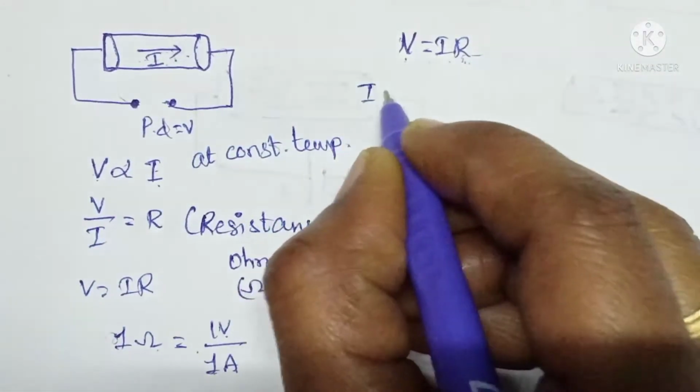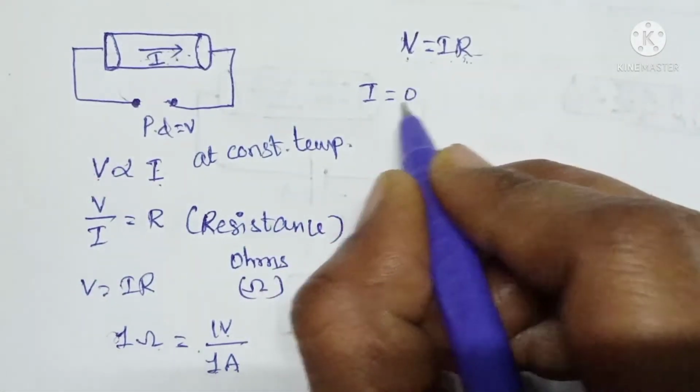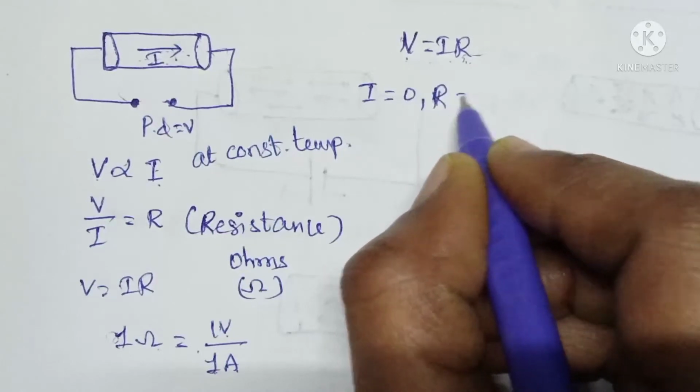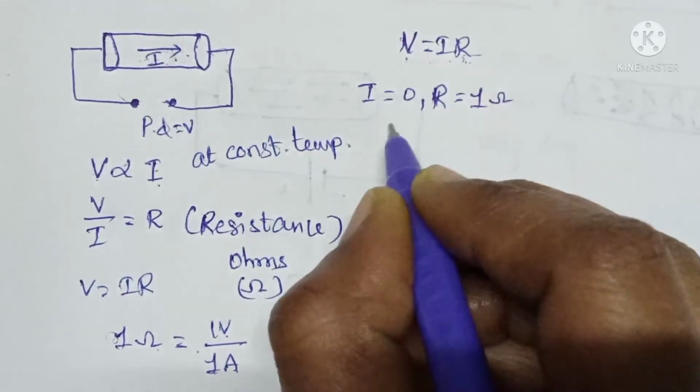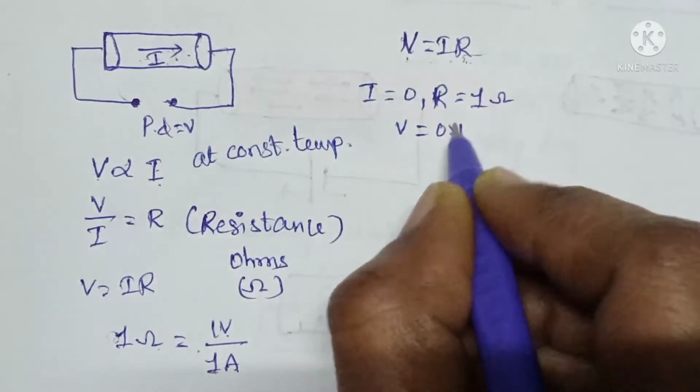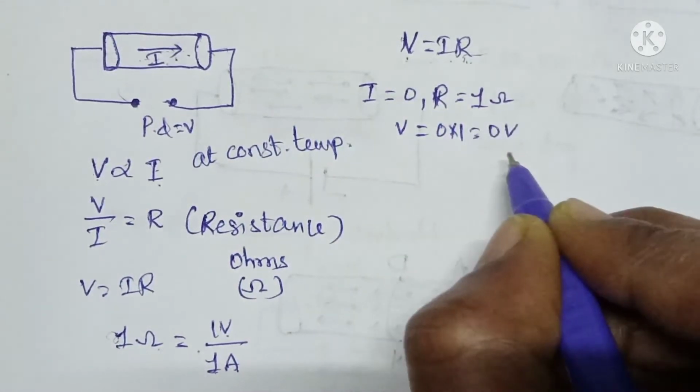If the current I is equal to 0 and R is equal to 1 ohm, then what is V? V is equal to 0 into 1 ohm, which is equal to 0 volts.